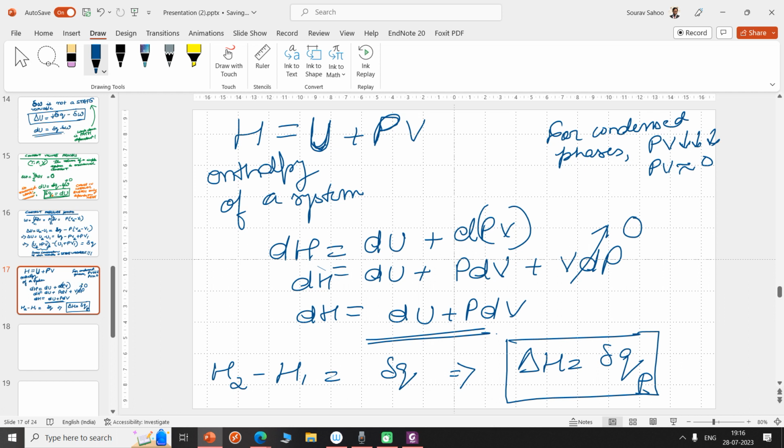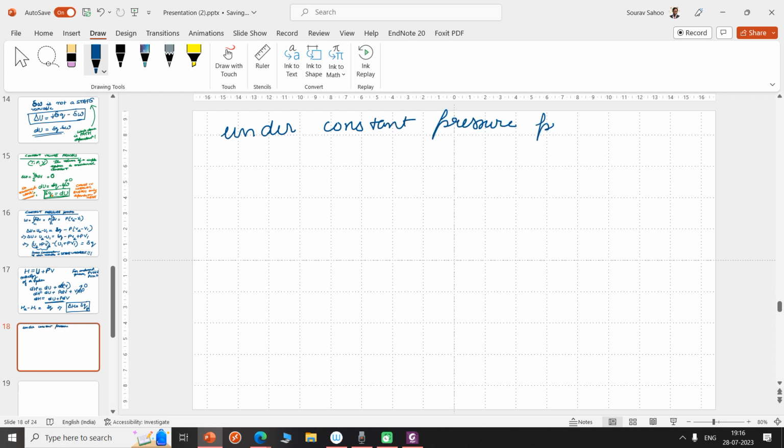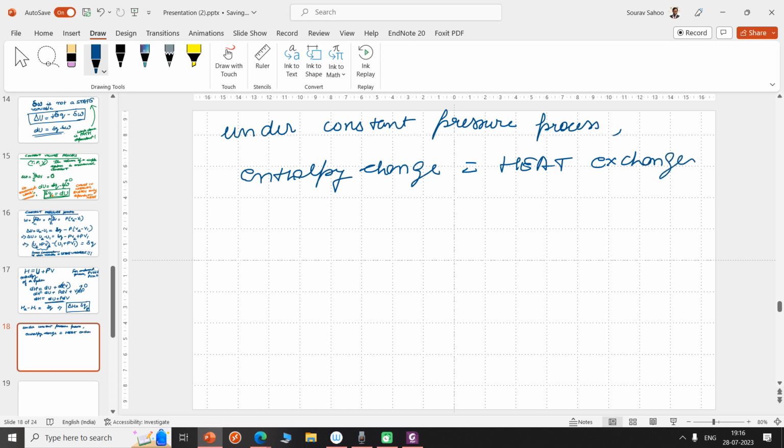So in this case, what we see is that under a constant pressure process, enthalpy change is equal to heat exchanged, right?